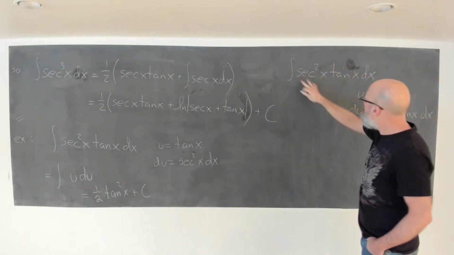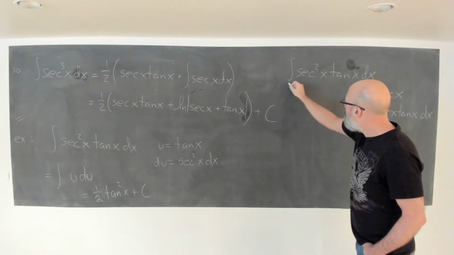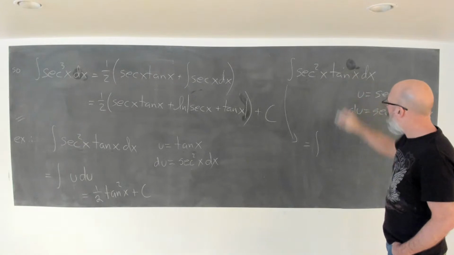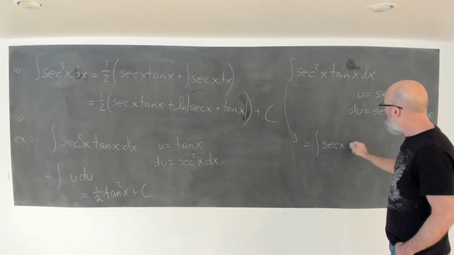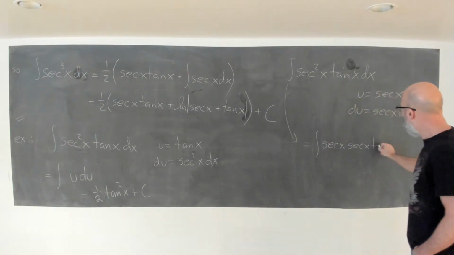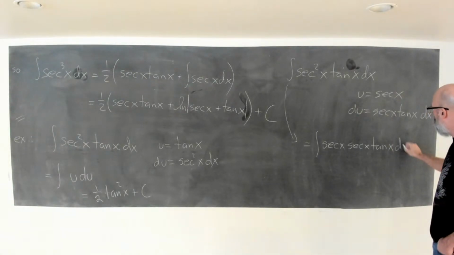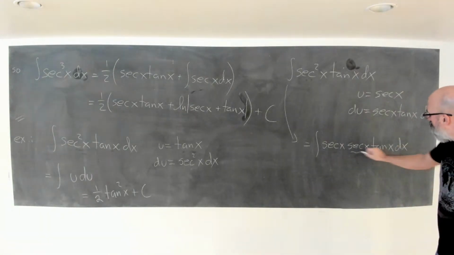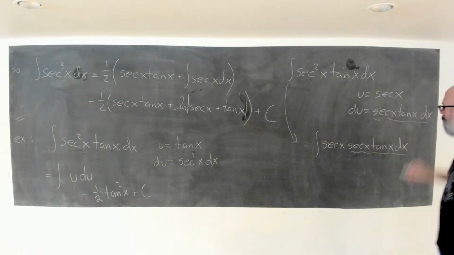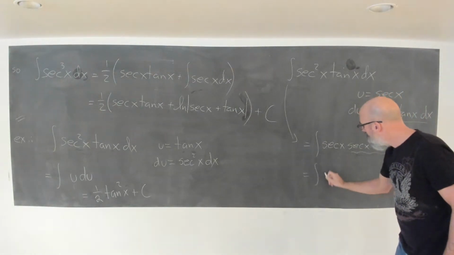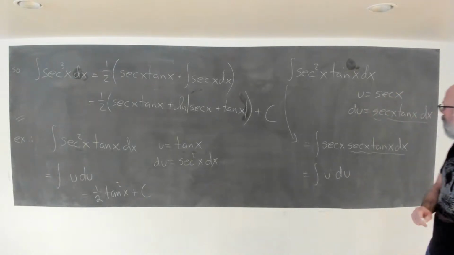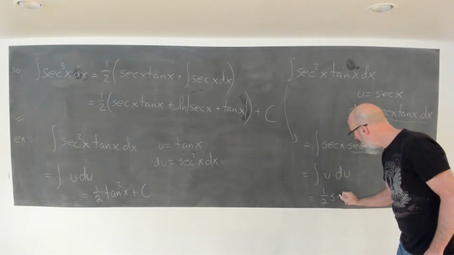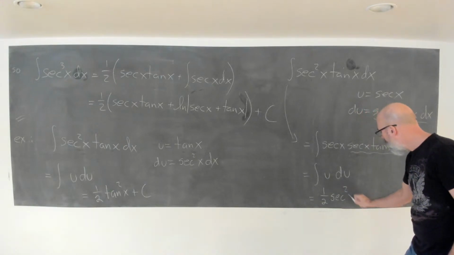And so this breaks up as secant times secant tangent. This secant x tangent x dx is your du. So this just becomes u du, which is 1/2 secant squared.